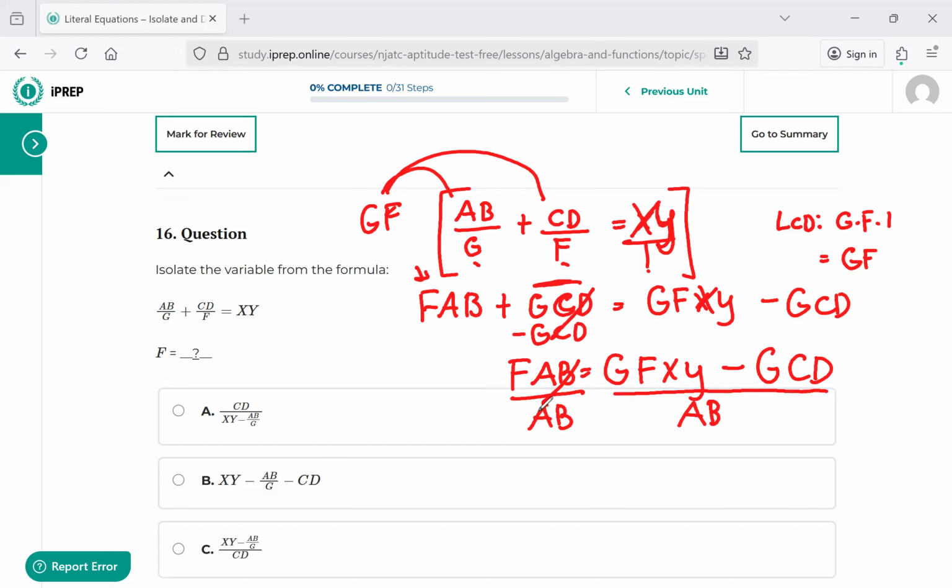Okay, so it looks really strange. Okay, so we have G F X Y minus G C D all over AB. I don't know if we have our answer.